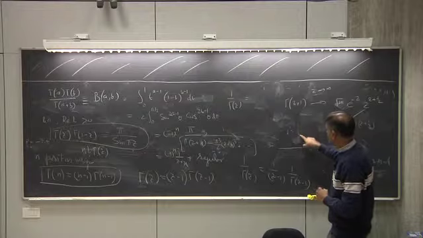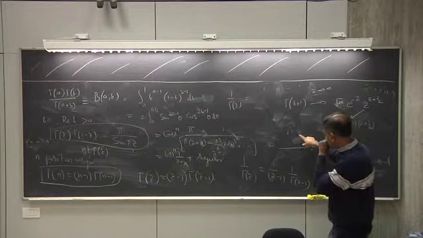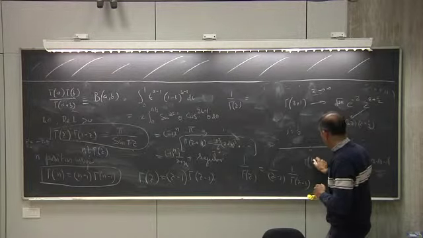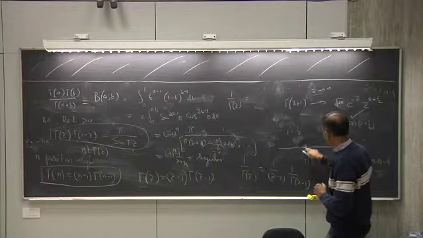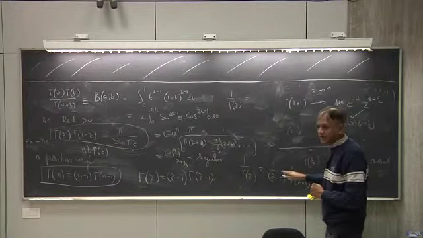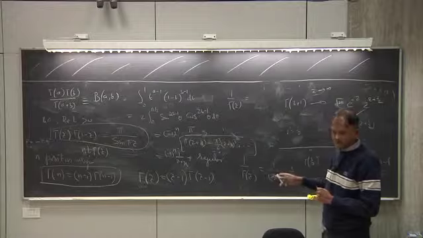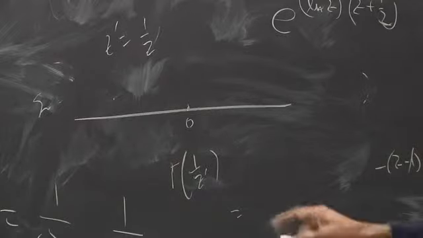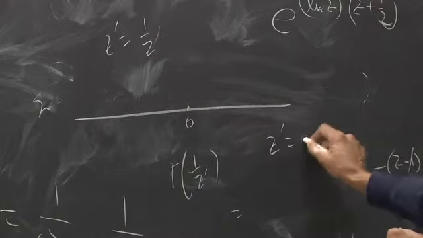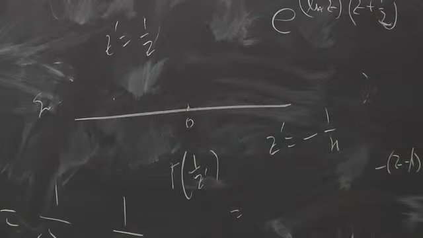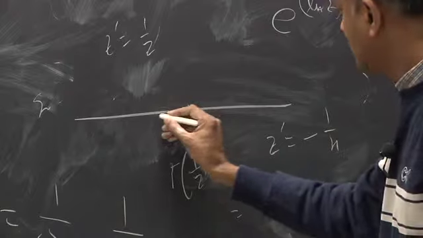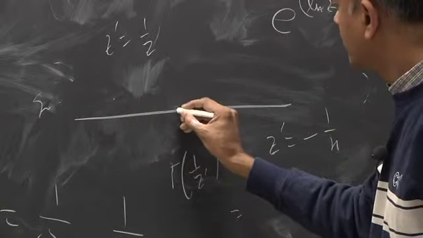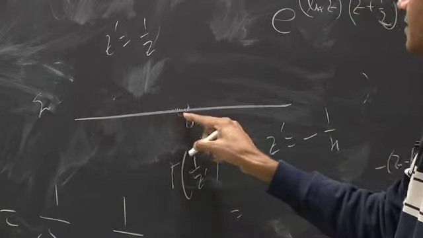But we know the gamma function, so we are looking at gamma of 1 over z prime, right? Whenever this 1 over z prime is a negative integer, the gamma function blows up, which means whenever z prime is minus 1 over n, it blows up. So when you come from this side, there are an infinite number of points where the gamma function blows up.